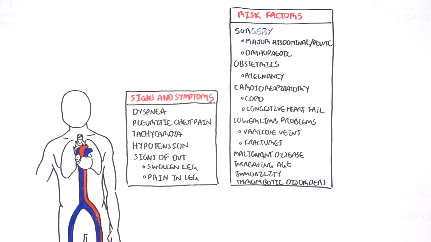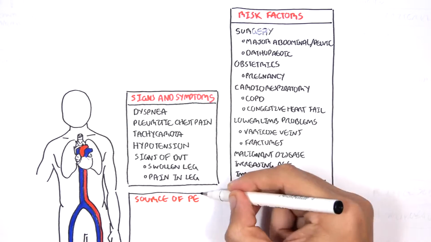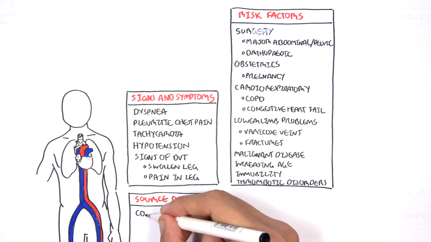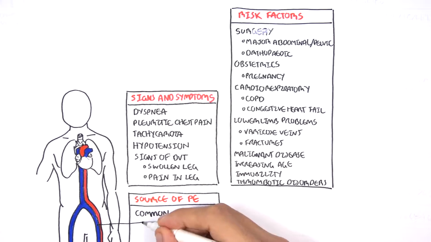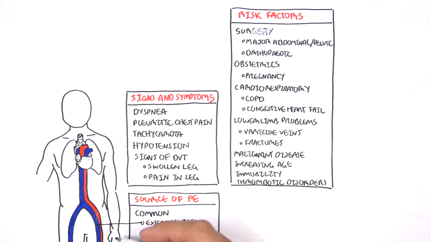Thrombotic disorders is what we will focus on because, as I mentioned, 95% of cases of pulmonary embolism are a result of thrombosis from the deep veins. So where do these thrombi occur? Well, mainly from the lower limb deep veins, and these include common and less common ones.